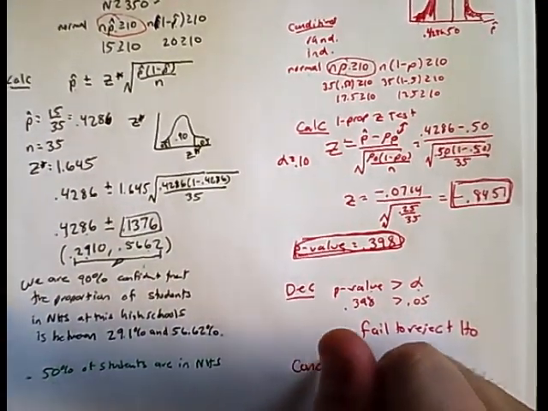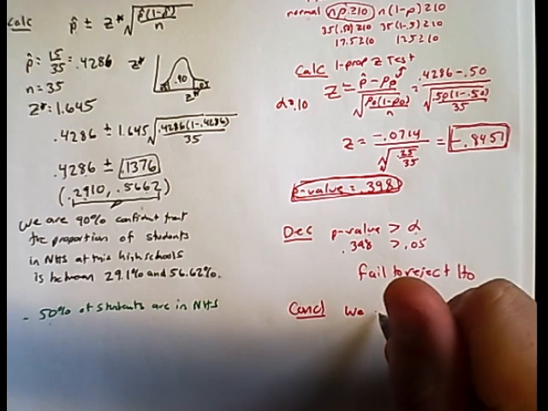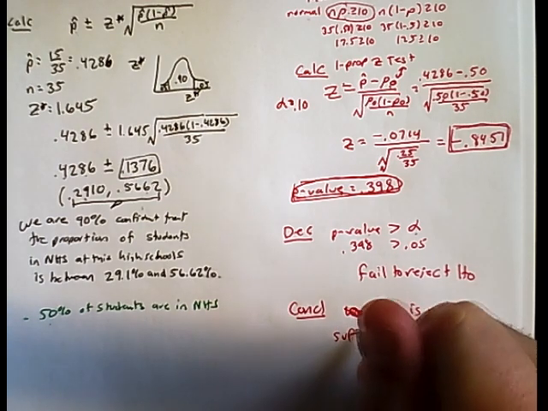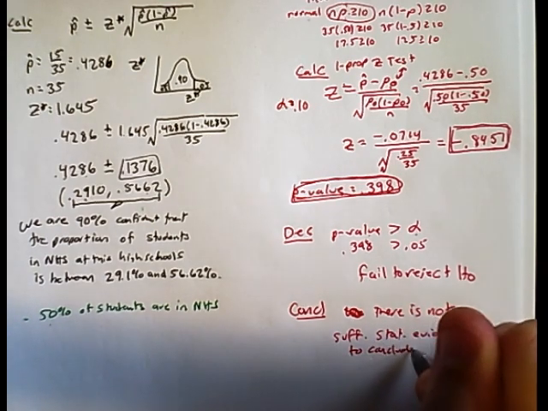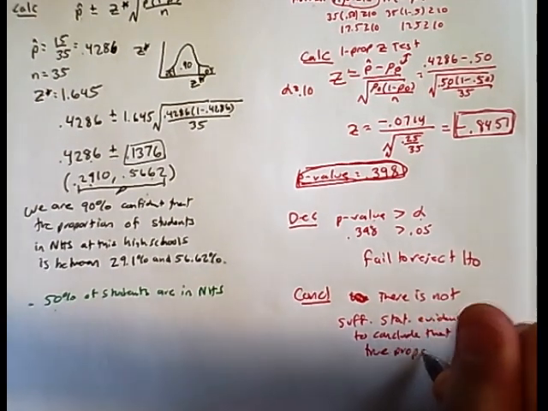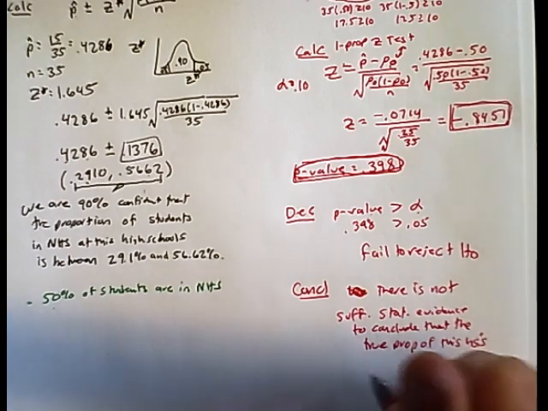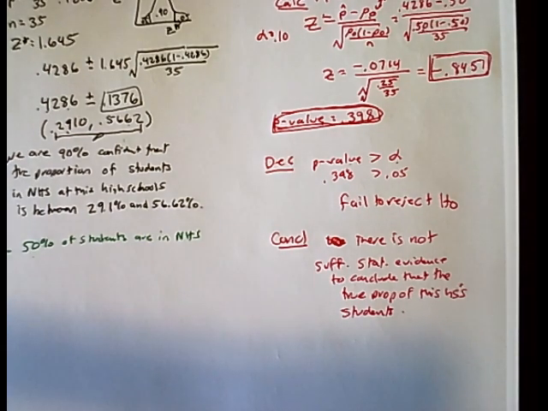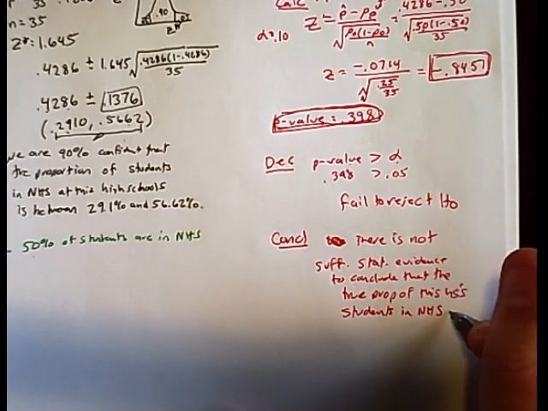So my conclusion on the hypothesis test is something like: there is not sufficient statistical evidence to conclude that the true proportion of this high school's students in NHS differs from 50%.